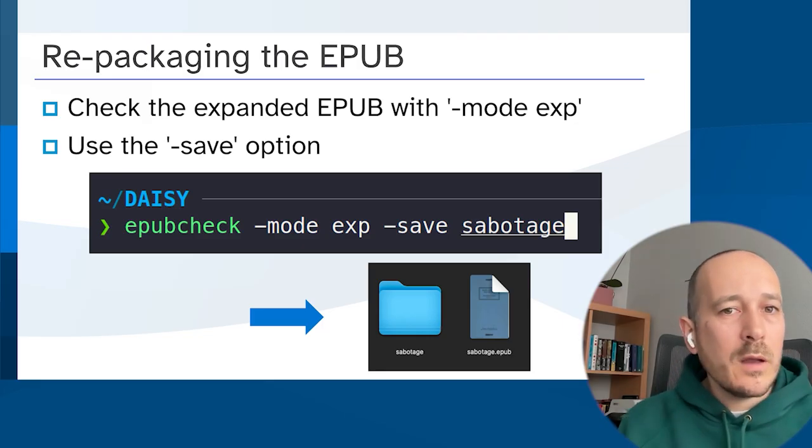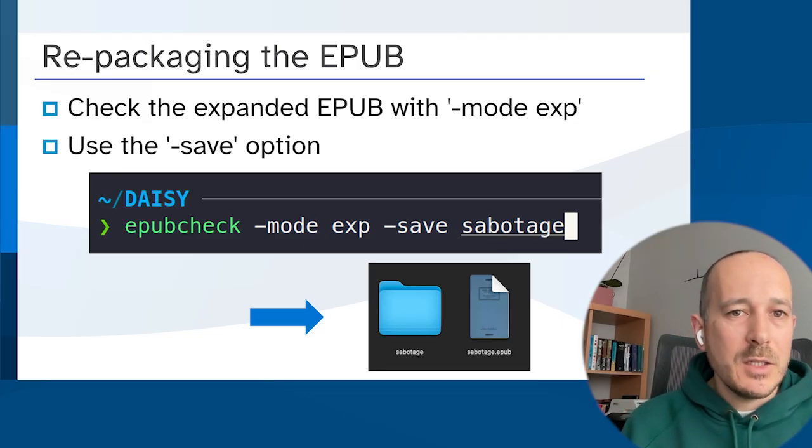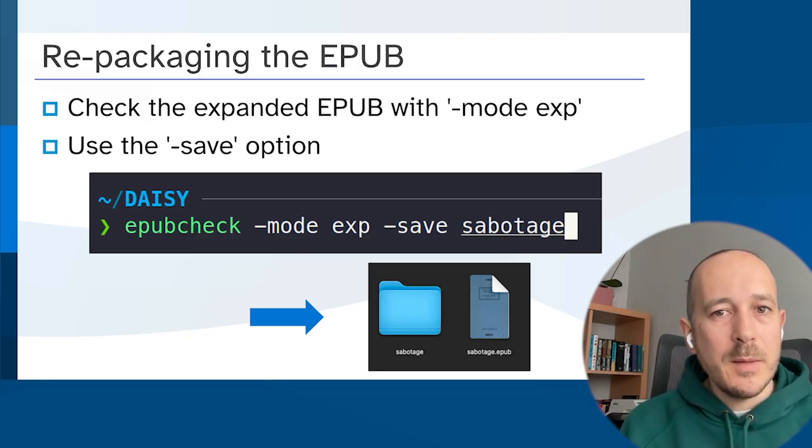Finally, when we're done editing or inspecting our EPUB, we can use EPUBCheck to repackage the expanded publication in an EPUB file. To do that, we need to run EPUBCheck on an expanded EPUB directory and ask to package the directory in a .epub file with the -save option. If no errors or warnings were issued, the EPUB file will be created in the same directory where the expanded directory is located.